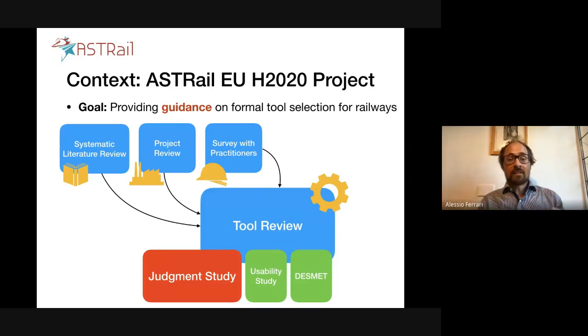And based on these tools, we performed a tool review. A tool review consists of a judgment study, usability analysis, and a systematic analysis on the technical features according to the DESMET methodology. In this presentation, I will focus on the judgment study.